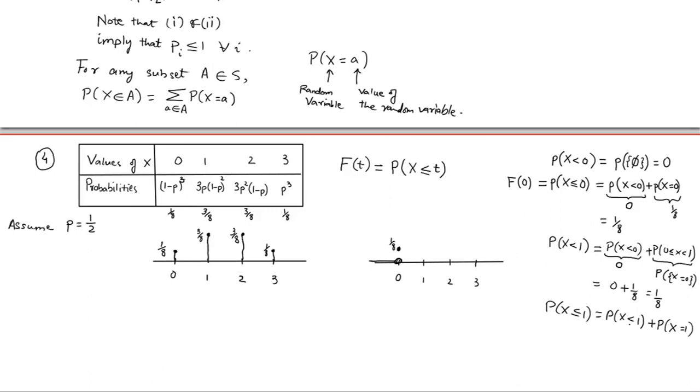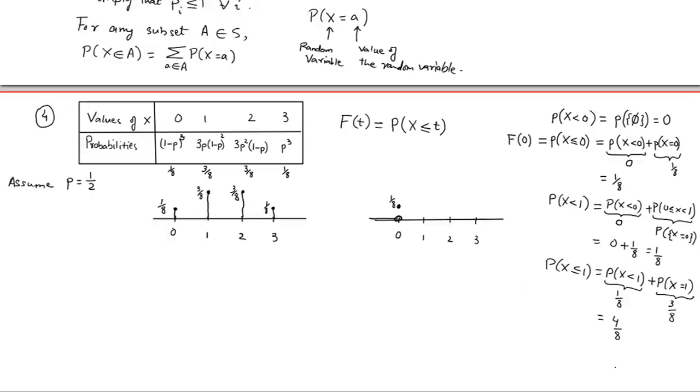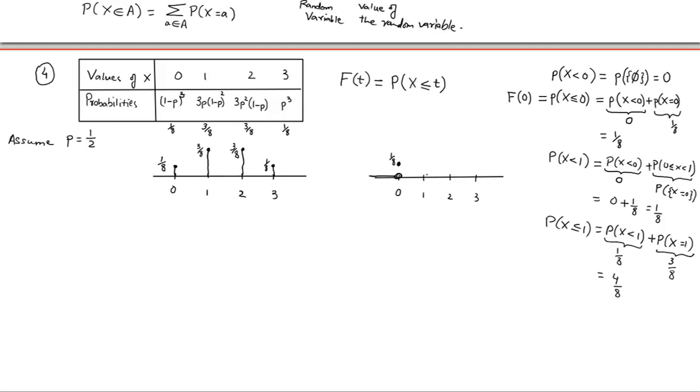X equals 1. This thing here we just saw, this is 1 over 8. And what is this? 3 over 8. 3 by 8, great. So the answer is 4 over 8. Okay, let's keep going. Which means that when I reach 1, the answer should be 4 over 8.